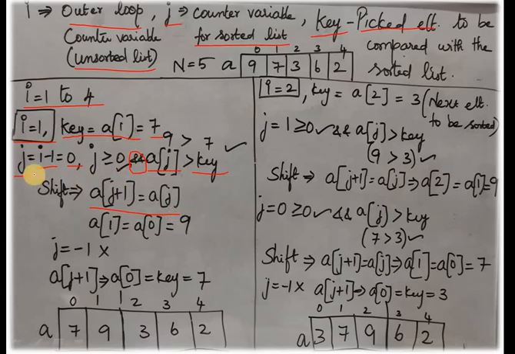J is 0, and 0 plus 1 is 1. So we are shifting the element from the 0th position to the first position. The 0th position element 9 is shifted to a of 1. And j is decremented, so now j becomes minus 1. When it checks the condition j greater than or equal to 0, the condition is false.